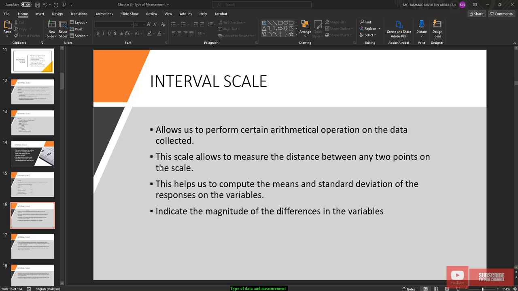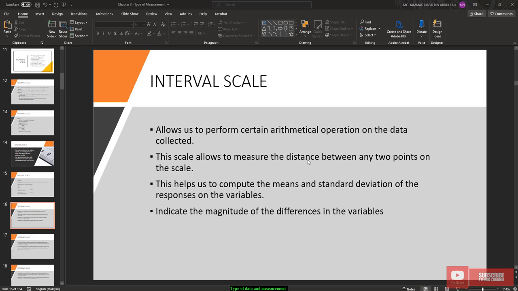Another scale of measurement that lies under quantitative variables is the interval scale. It allows us to perform certain arithmetical operations on the data collected. This scale allows us to measure the distance between any two points on the scale.